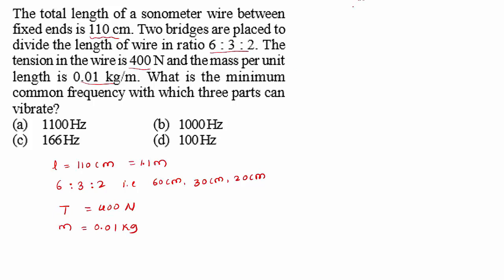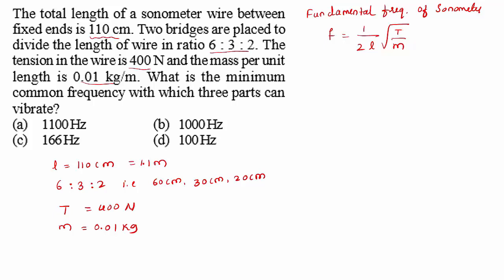So we know that the fundamental frequency of a sonometer is given by the equation f equal to 1/2L into root of T divided by m. We can use this equation to find the common frequency.